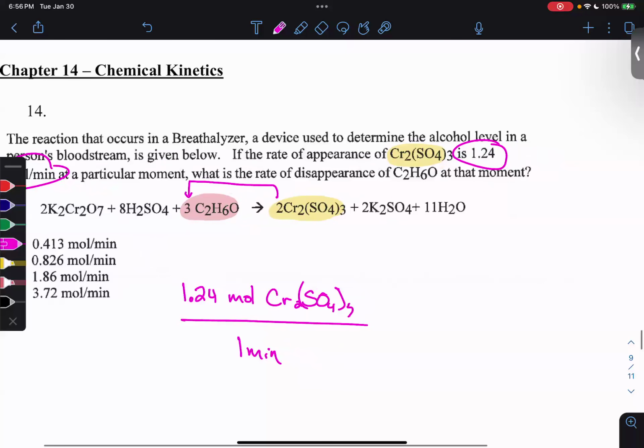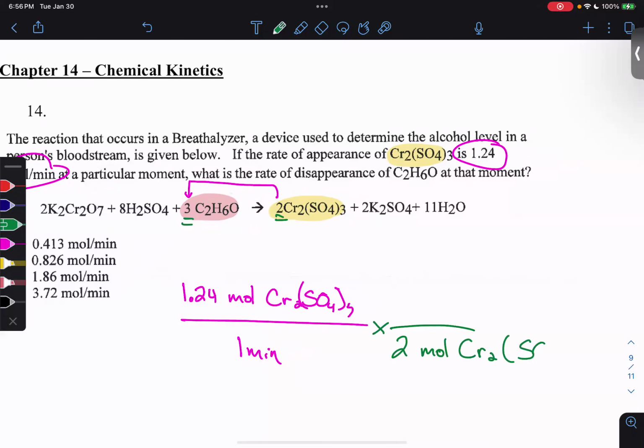If you think about stoichiometry from Chem 1210, you can use the coefficients. We're already in the unit of moles. So we can say, for every 2 moles of Cr2(SO4)3, how many moles of C2H6O do I have to consume at the same time?